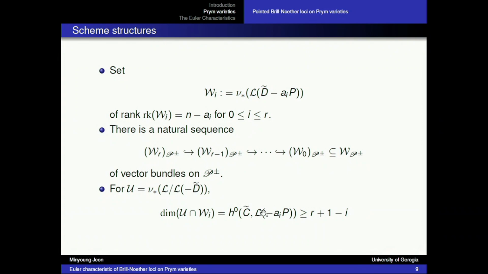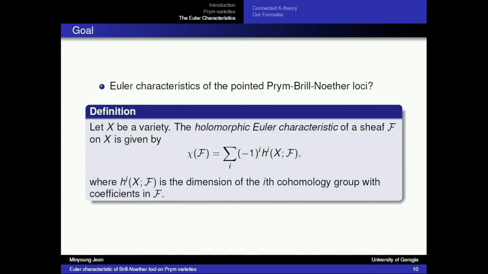We use this conversion from the pointed Brill-Noether locus to the Schubert variety or degeneracy locus in the type D orthogonal Grassmannian to find the Euler characteristic of that variety. As we learned earlier, the Euler characteristic is the alternating sum of the dimensions of the ith cohomology groups.